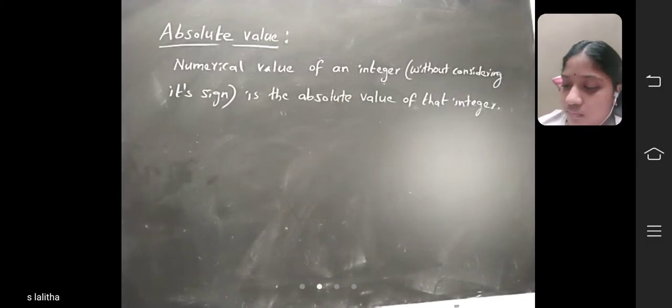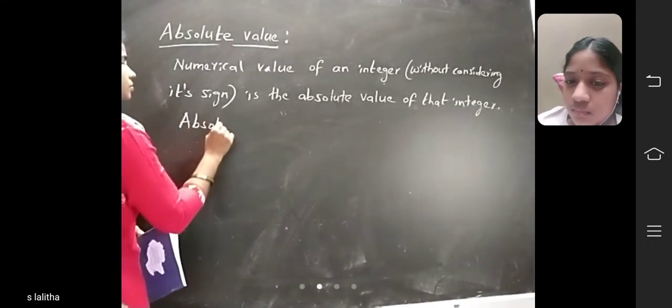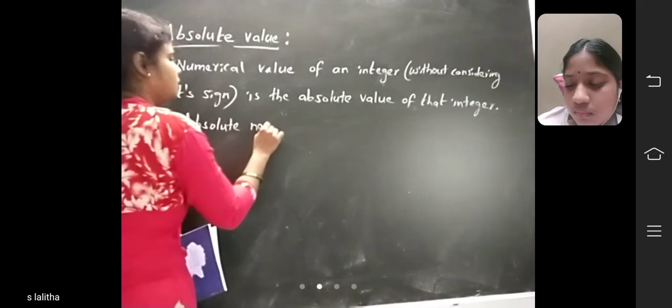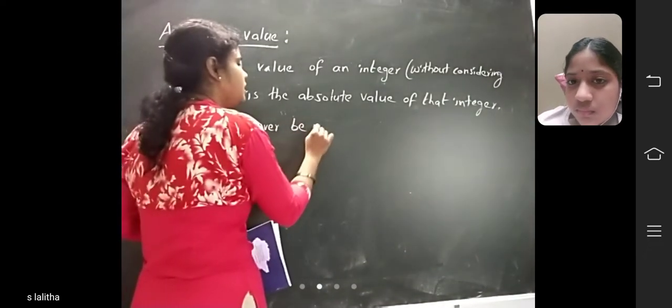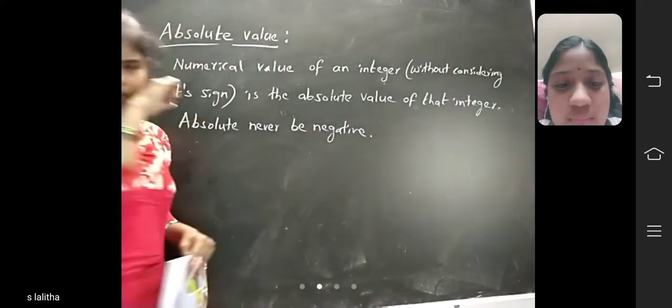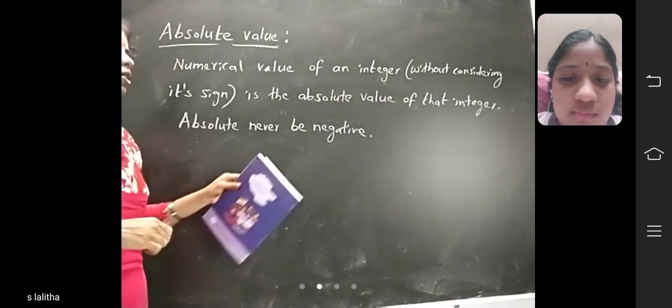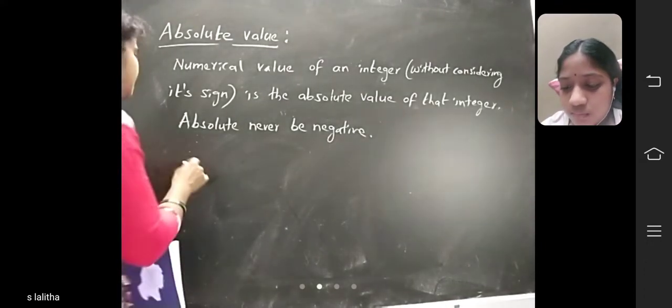Absolute value can never be negative. It is always a positive number only, not a negative number. Example, see children.